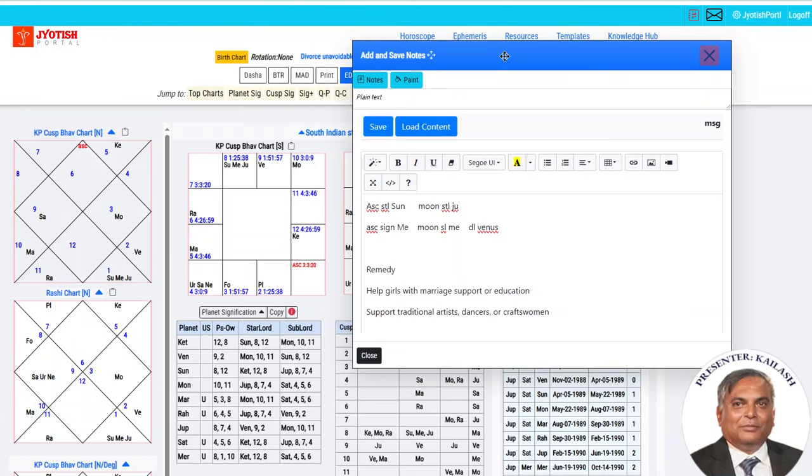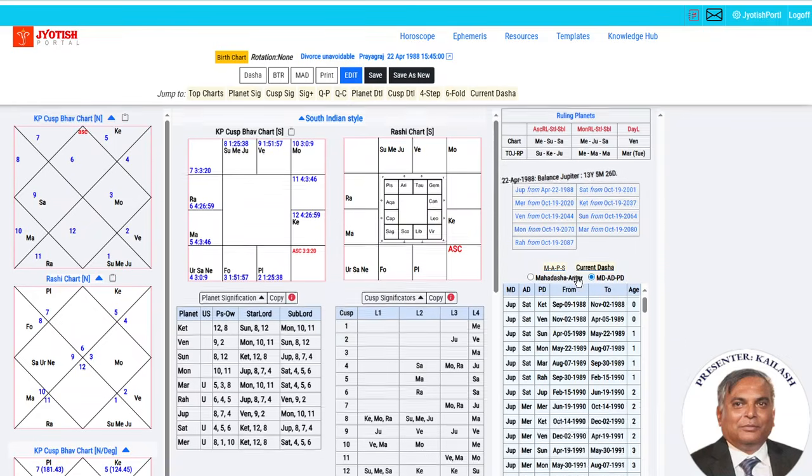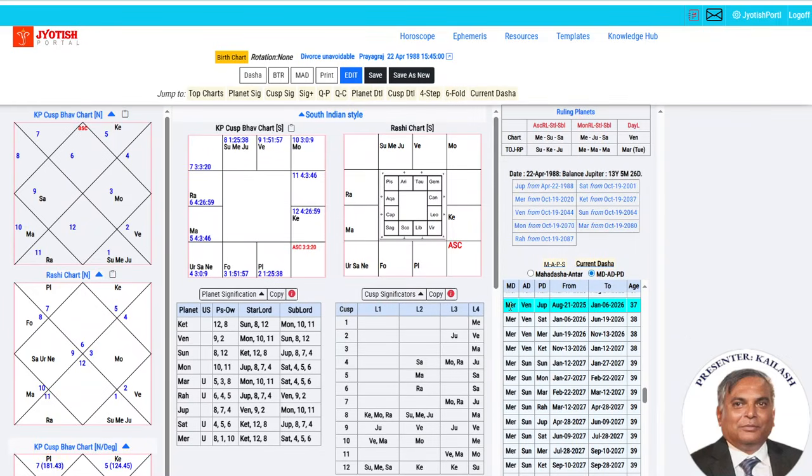If you look at this person's Dasha, you find that now he's going through Mercury, Venus, Jupiter, then Mercury, Venus, Saturn, and then next year, 2027, he has Mercury, Sun. All these periods are not good actually.